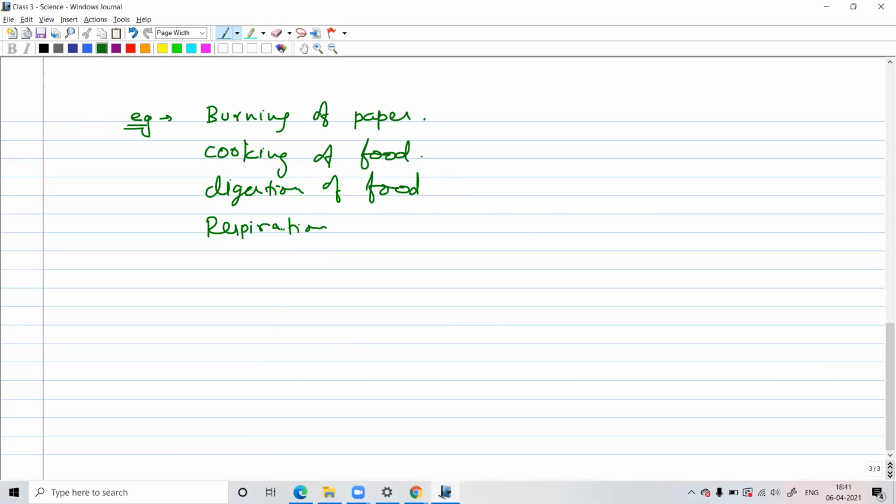But to take up some examples which you would be studying in reality in this science book, let's say burning of magnesium ribbon.